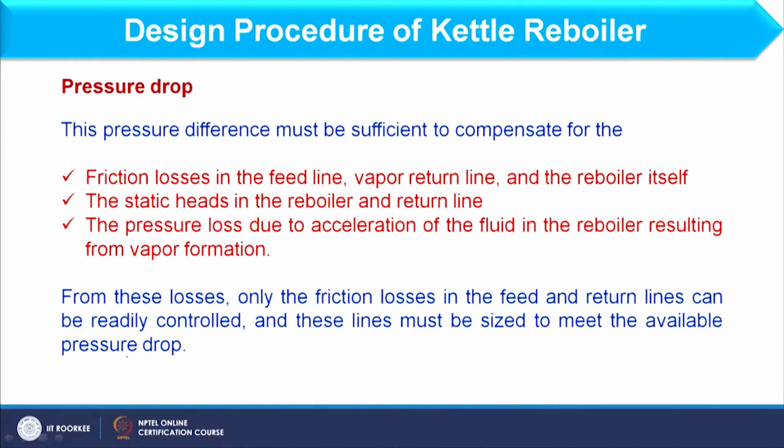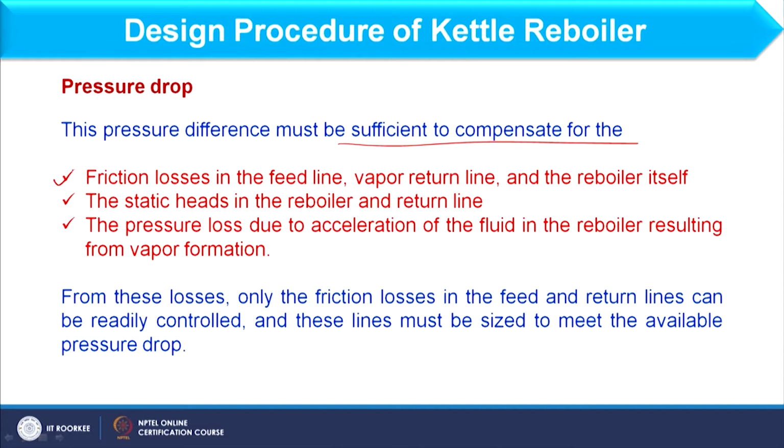Further, the pressure difference must be sufficient to compensate the following. The pressure drop we have obtained on the column side should be sufficiently higher than the pressure drop on the reboiler side, which can be divided into different sections.